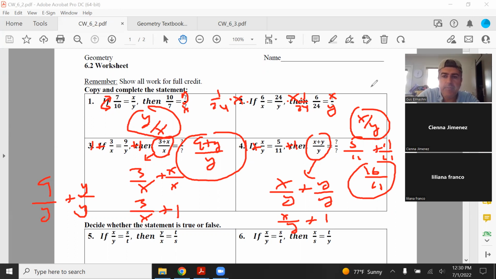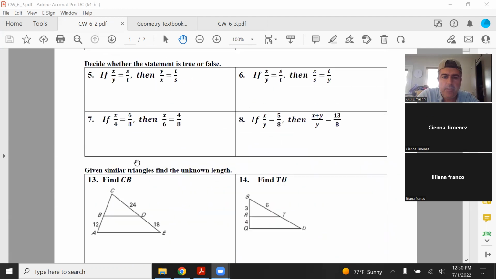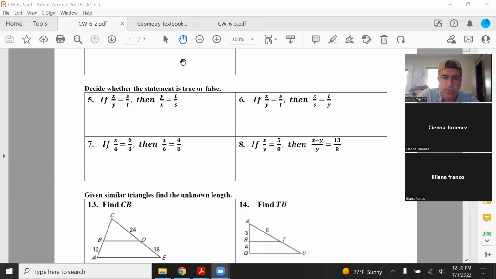Okay, let's keep moving. So let's look at these here. They're asking whether these are true or false. So what I would do as a strategy is I'd cross multiply and then rearrange the fractions. So I'm going to do that in each case here.